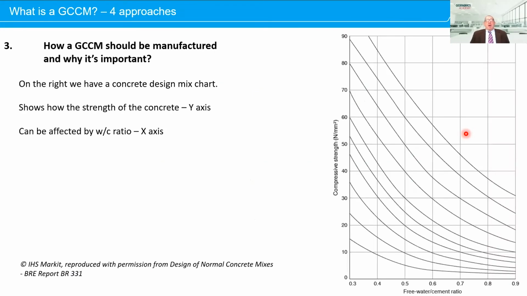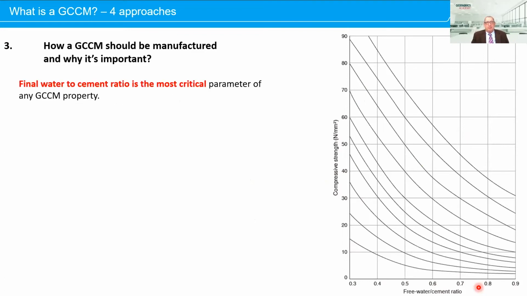We have here on the right a concrete design mix chart, which shows the compressive strength of the concrete on the y-axis and how it can be affected by the water cement ratio on the x-axis. As I said earlier, the final water to cement ratio is the most critical parameter of any GCCM. And I'll show you why.